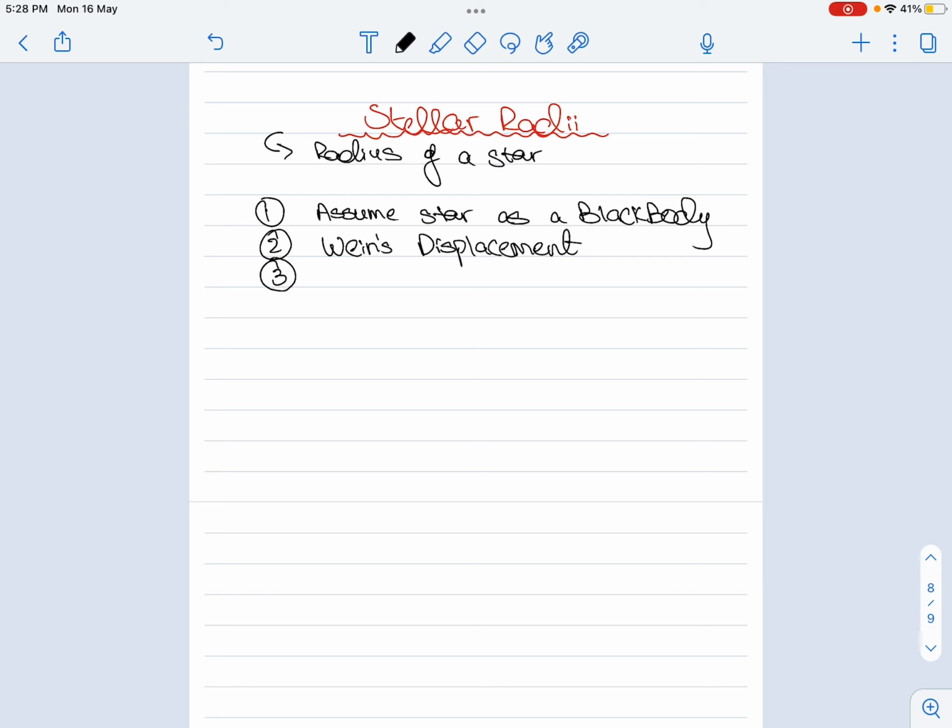Number three, Stefan Boltzmann Law. So you just remember this order and you can easily find out the radius of a star.